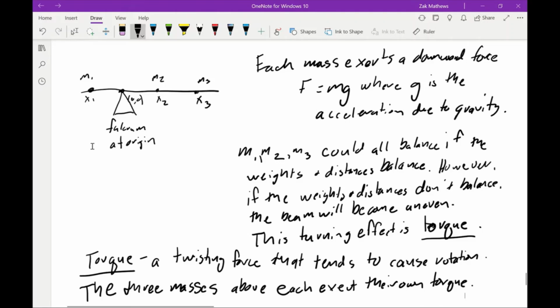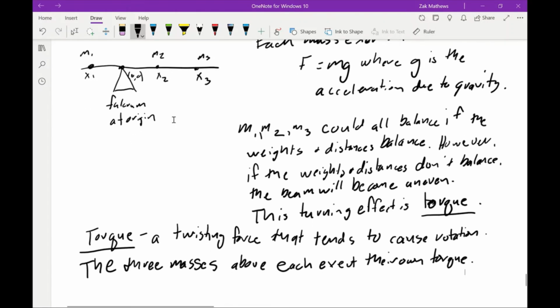M1 is pushing downwards, so it is exerting a counterclockwise torque. If we think of these clockwise torques, those are negative torques, because if we think about moving through an angle downwards like that, that is a negative angle, versus if we're moving in that counterclockwise direction, that is a positive torque.